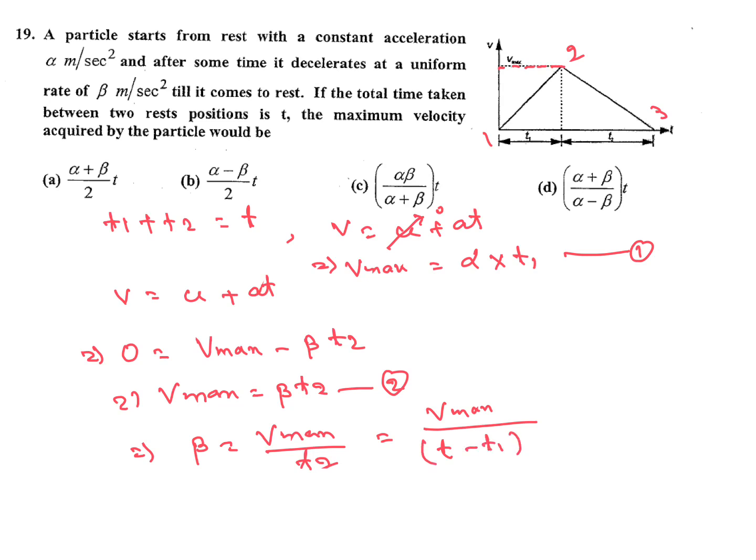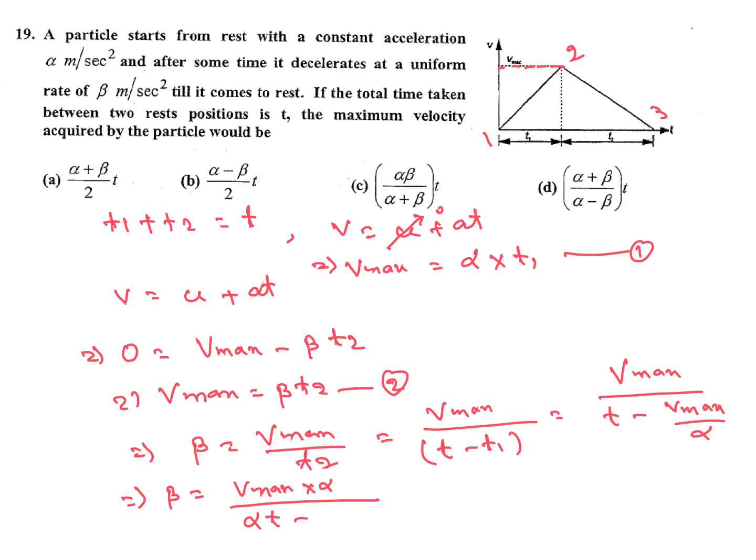From equation 1, the T1 value we got, that value we will put here, V max by T minus T1 is V max by alpha. So beta equal to V max into alpha divided by alpha into T minus V max.